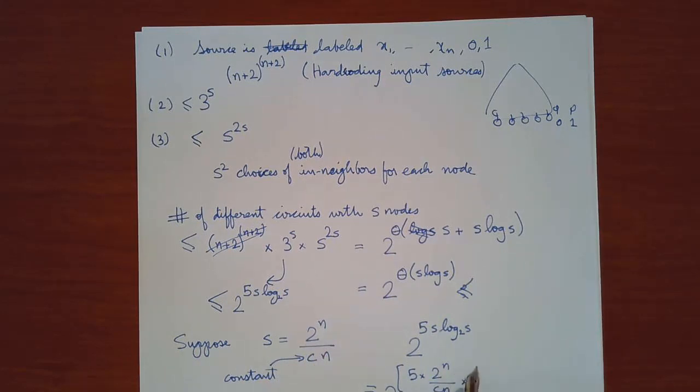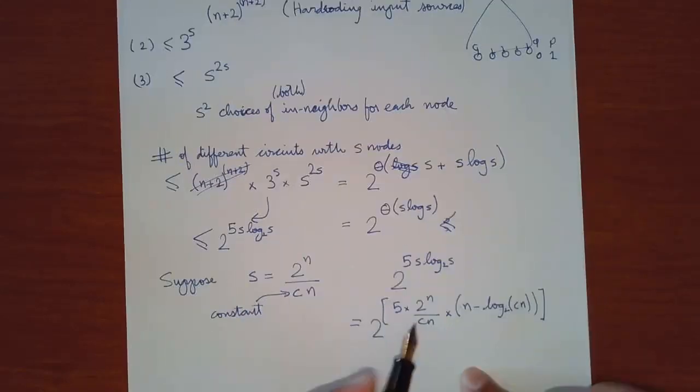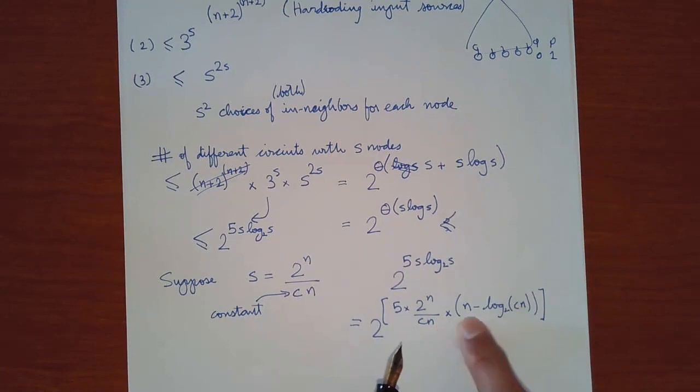So log base 2 of s is going to be n minus log base 2 of Cn. But observe that this n cancels out with this n. When I'm doing an upper bound, I can essentially cancel these two from each other. As long as the C is sufficiently large, this is going to be strictly smaller than 2 to the 2 to the n.